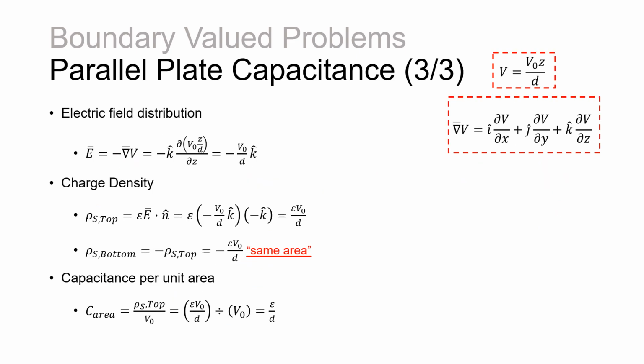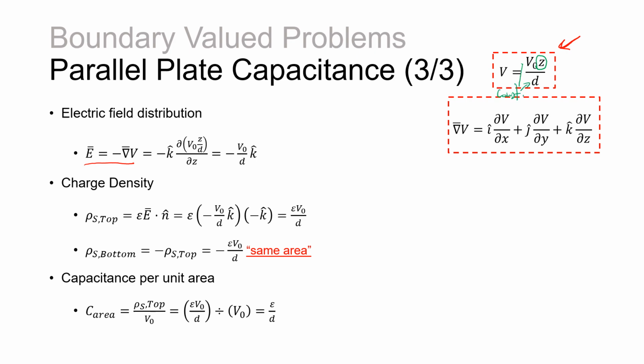Now we move to the calculation of the electric field, which is possible by applying the gradient relation, E equal to minus gradient of V. From the previous slide, we have the relation between V and the dimension, V equal to V naught z over d. V naught and d are just constants.